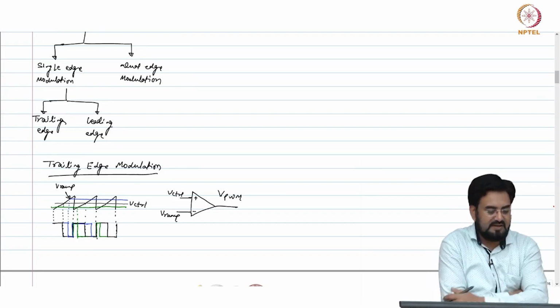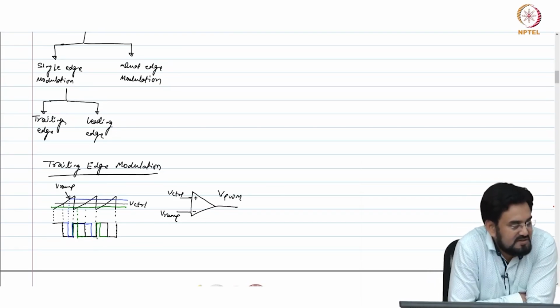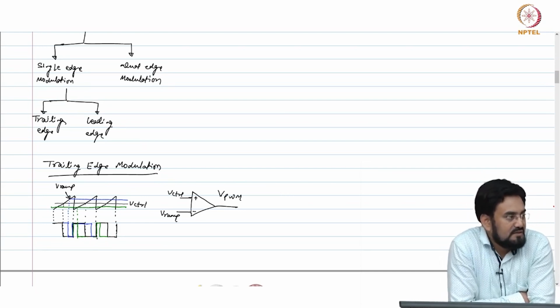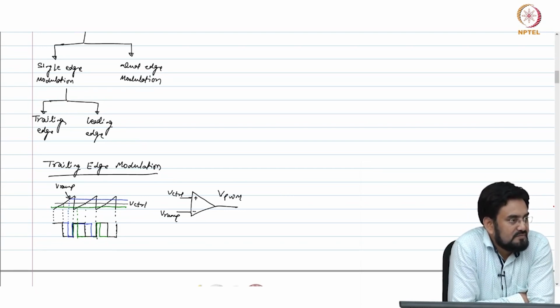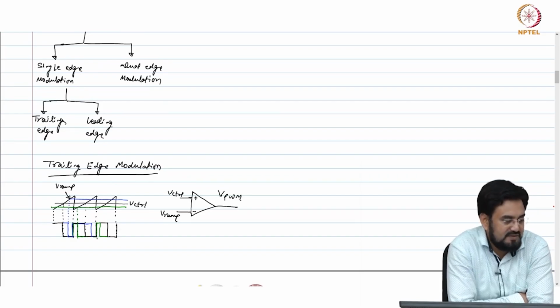So which edge is moving here? Which edge is fixed and which edge is moving? Yeah, trailing edge is moving and leading edge is fixed.